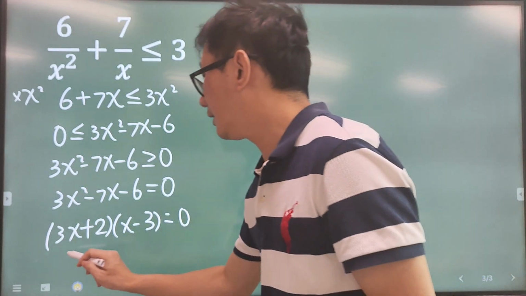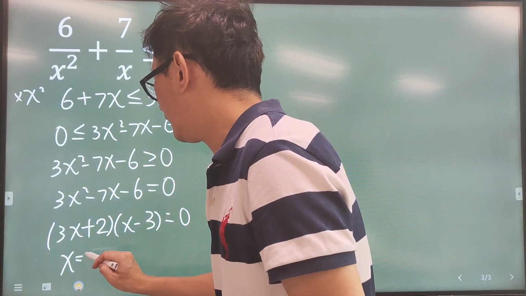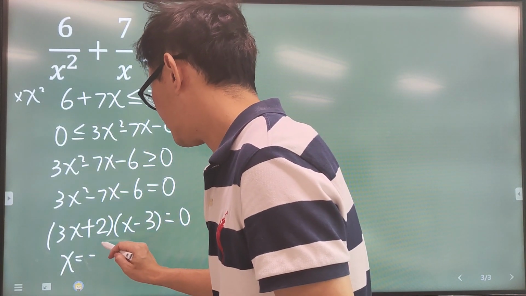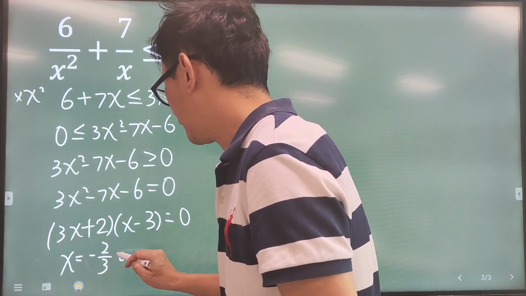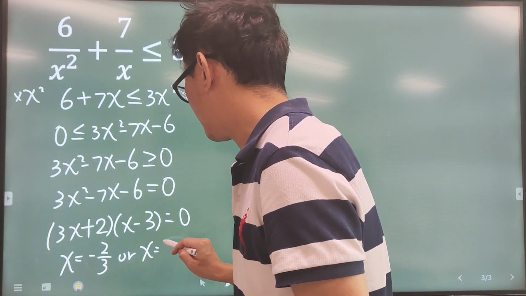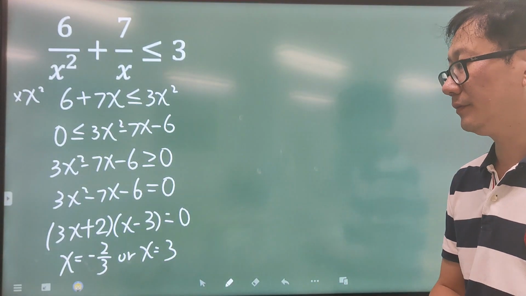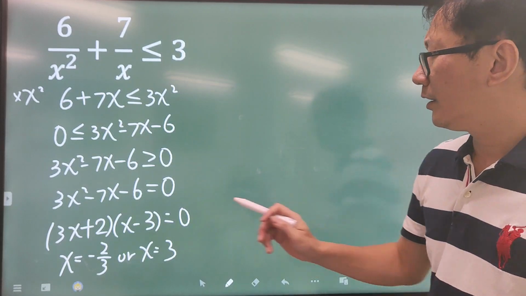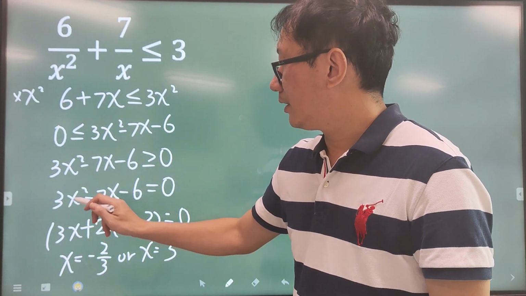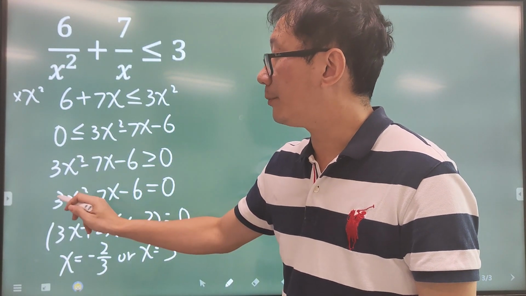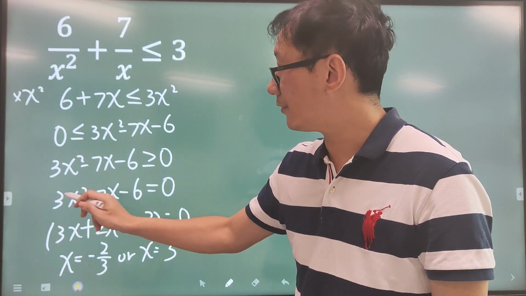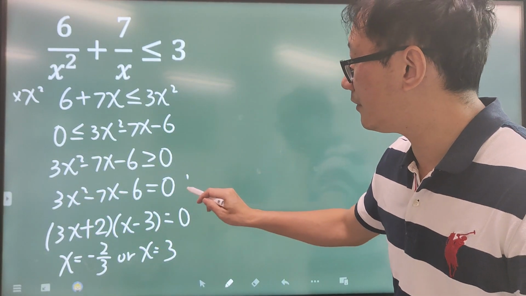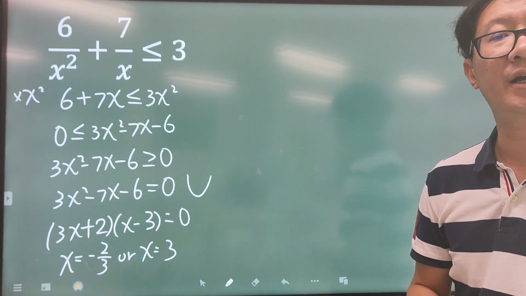So that means x is negative 2 over 3, or x is 3. So now we want to draw a quick sketch. Let's look at the equation. x squared has a positive coefficient 3 here. So that means the parabola opens upward.